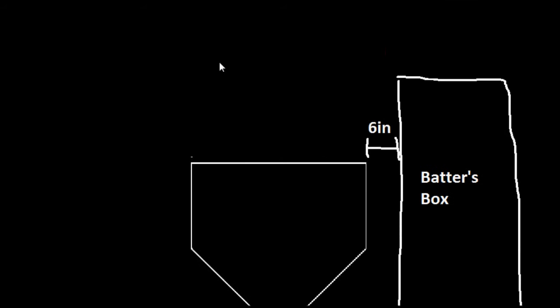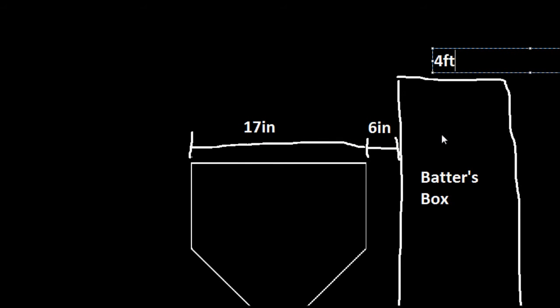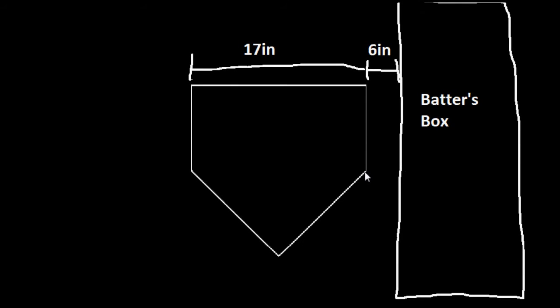So this is the batter's box, and this obviously isn't drawn to scale, because remember this here is 17 inches. The plate is 17 inches wide, and the batter's box is 4 feet wide, and that's from here to here. That's 4 feet, and then off this corner should be the center.